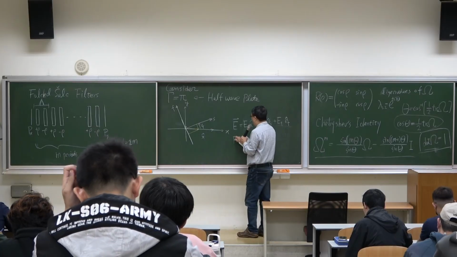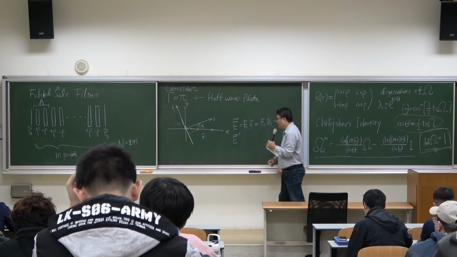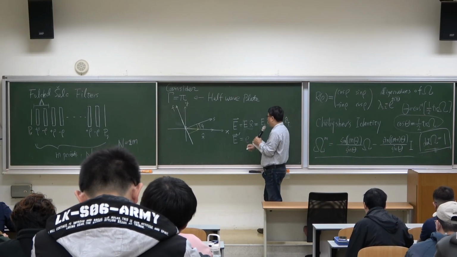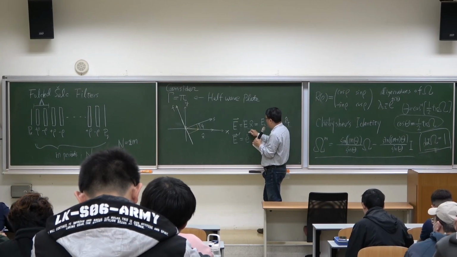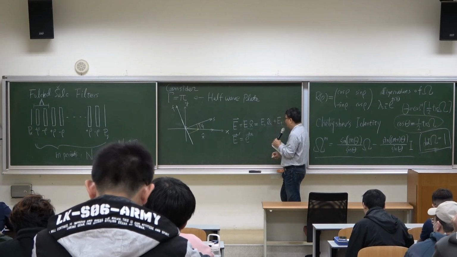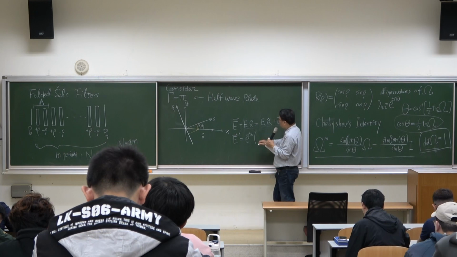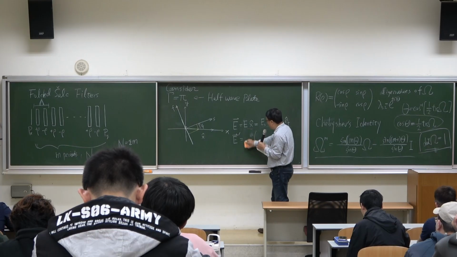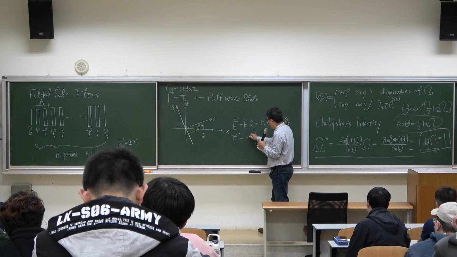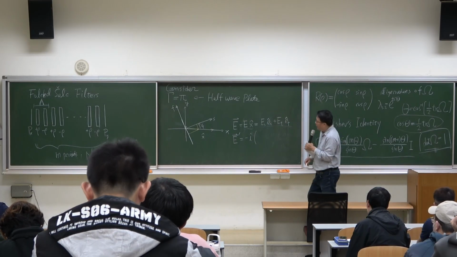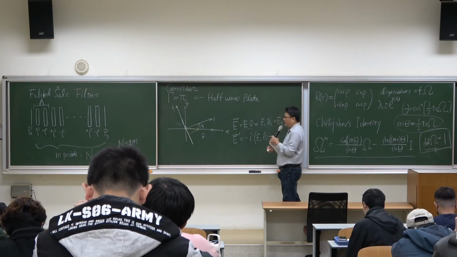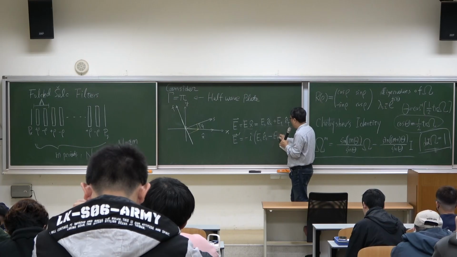So after penetration through the wave plate, the E vector becomes E prime, equal to some useless phase factor, exponential i alpha, which here is actually minus i, times ES minus EF.